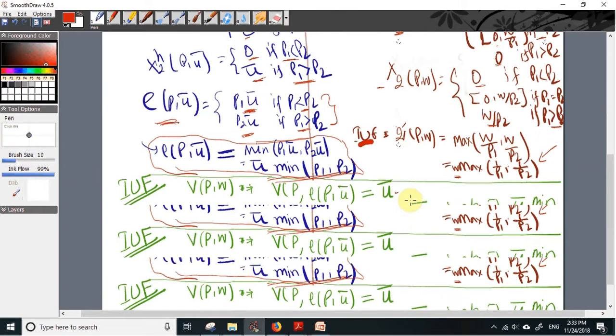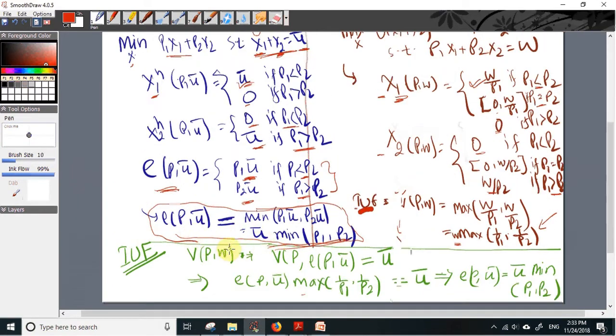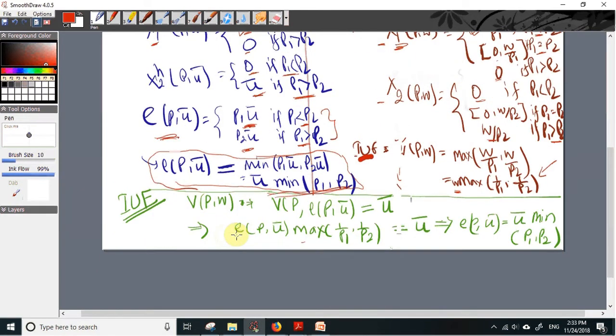x1 plus x2. This expenditure function can also be derived from the indirect utility function that we derived here. In the indirect utility function we substitute E(p, U bar) in the place of W, and we equate this to U bar.